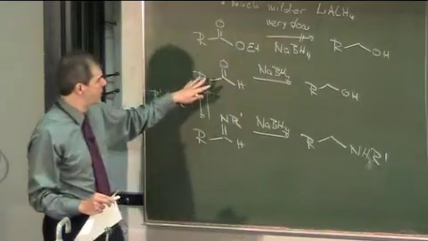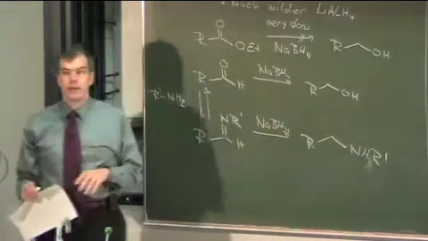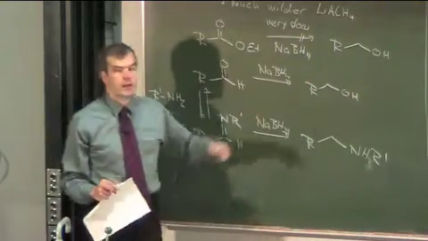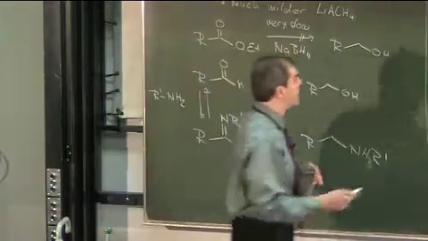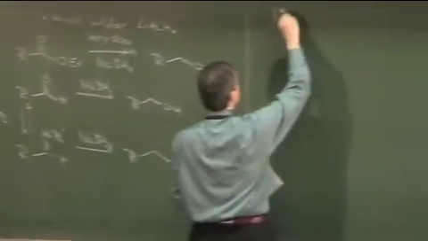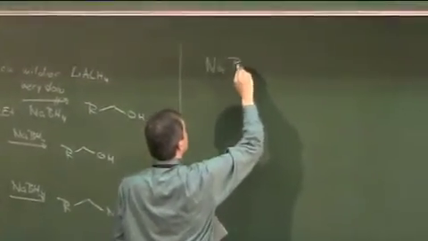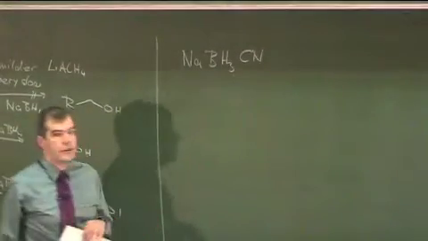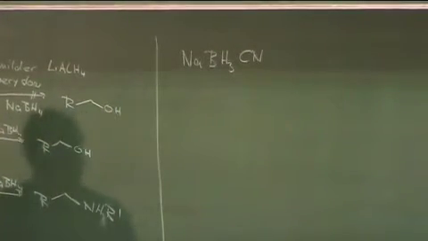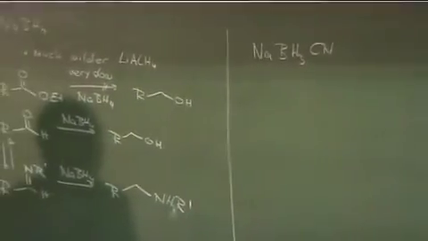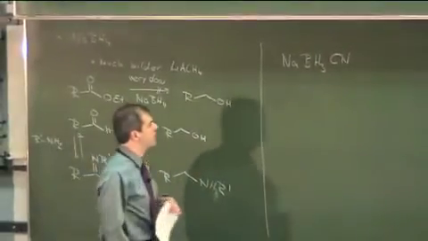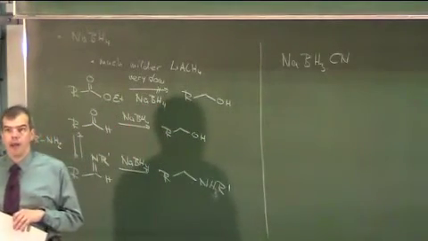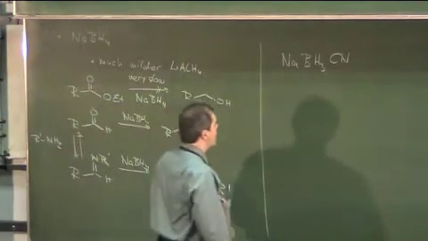The problem is that the aldehyde reacts also very readily with sodium borohydride itself to form the alcohol. However, and here we come to the second modification one can do, if you exchange in your borohydride one of the hydrides for a cyano group, sodium cyanoborohydride is the reagent.